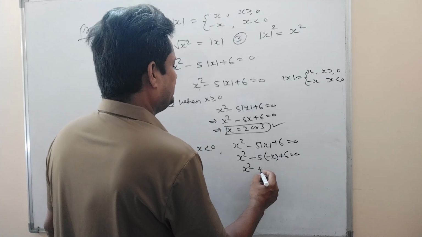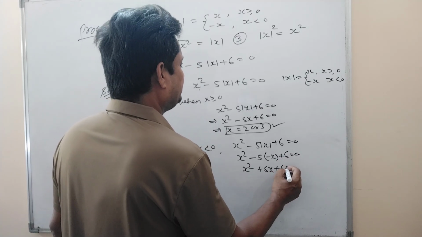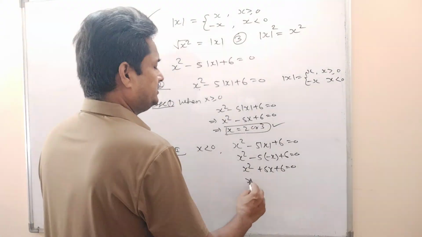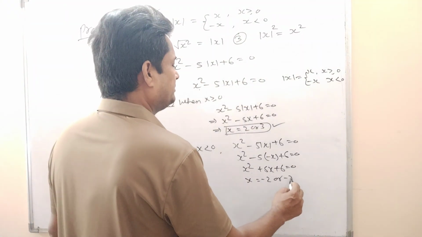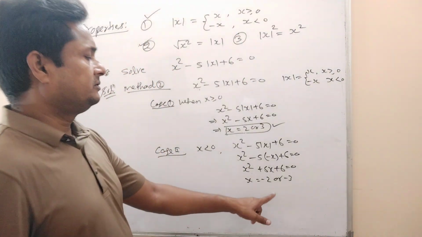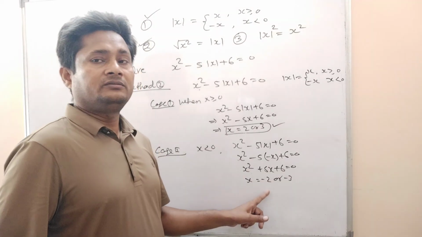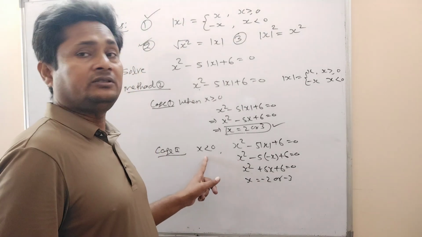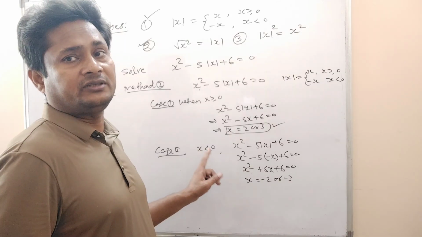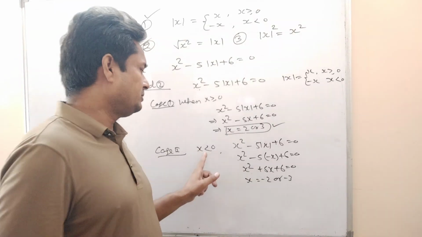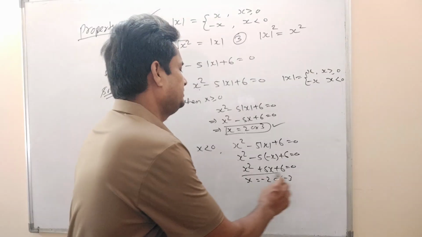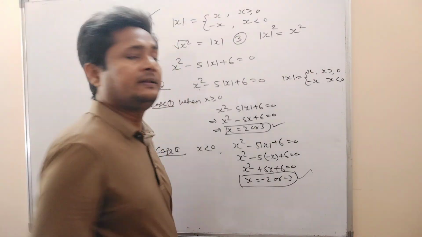That means x square plus 5x plus 6 is equal to 0. Solve this one, you will get minus 2 or minus 3. But the solution should belong to the interval x less than 0. So both answers belong to this interval, so this answer is also correct.